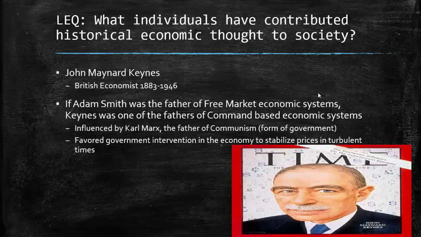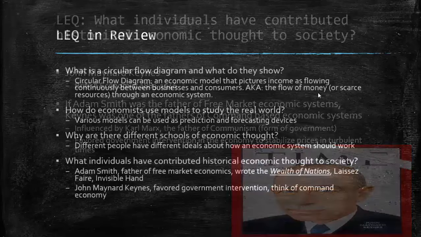Because he favors government intervention, that is why he is more of a command-based economist. He's not a communist. He's not a socialist. He is just more of a command-based economist because he favors government intervention. All right? So what I need you to know about him is that, to contrast with Adam Smith, he favors some government intervention to help stabilize prices.